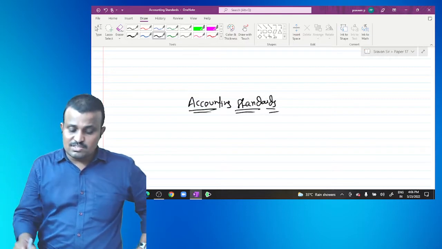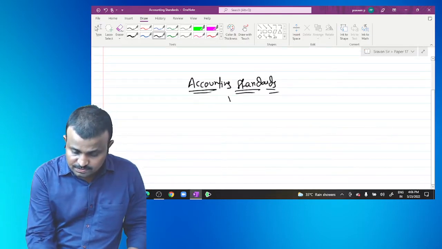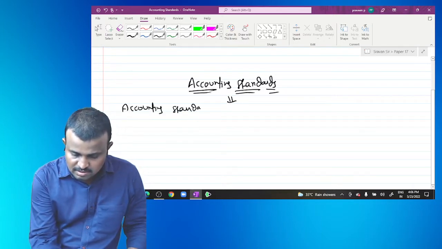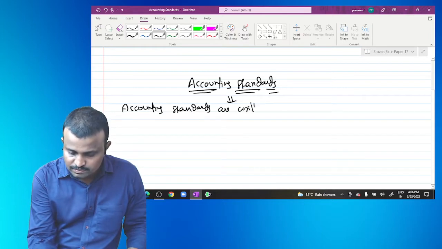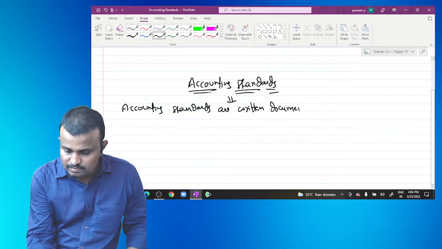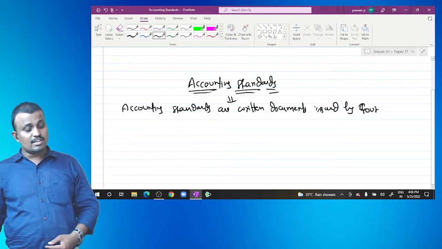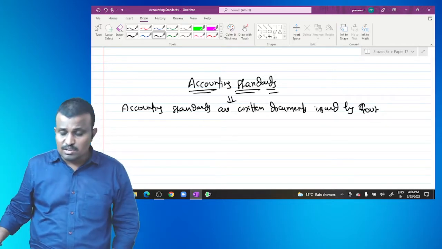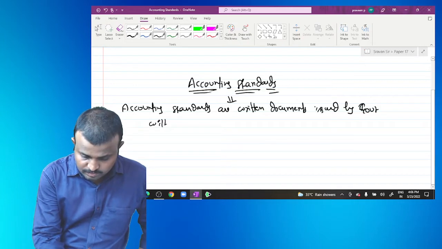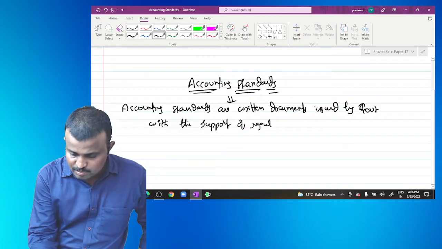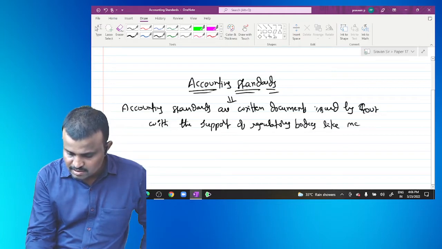So coming to the accounting standards, these are written documents issued by the government with the support of regulatory bodies like MCA.